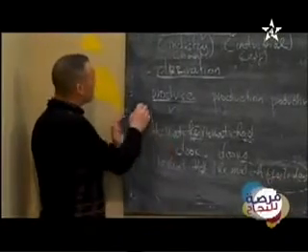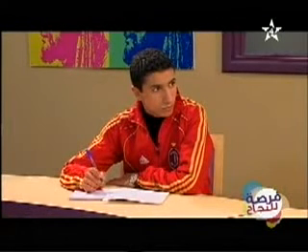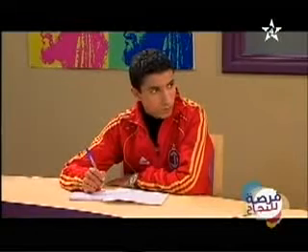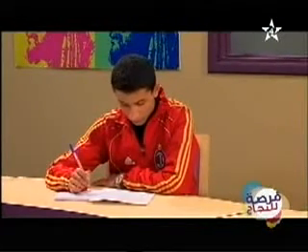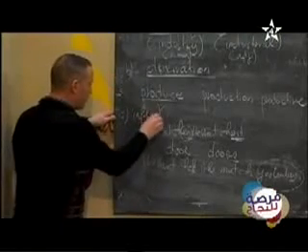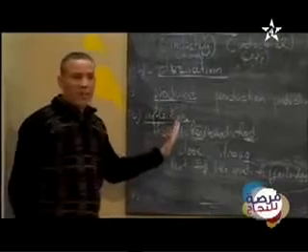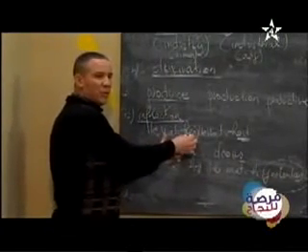So we have the form, we have the stem, prefix and suffix, and we have the derivation. And you have to pay attention to what we call the inflection. It's very simple. Look at the end of the word.